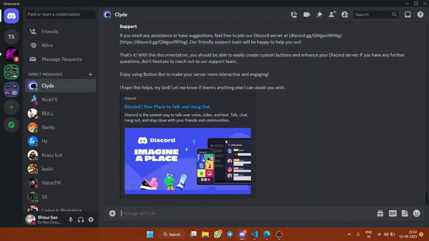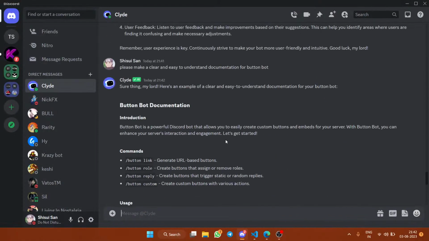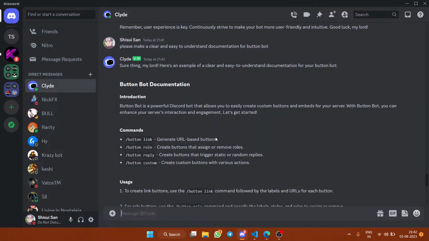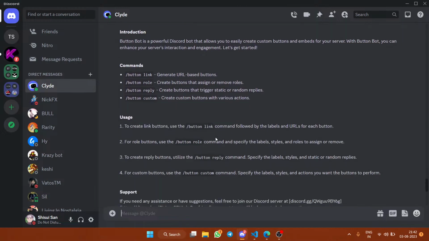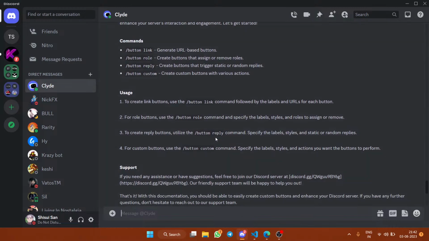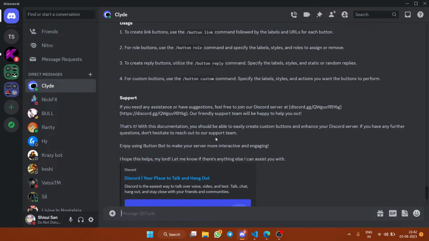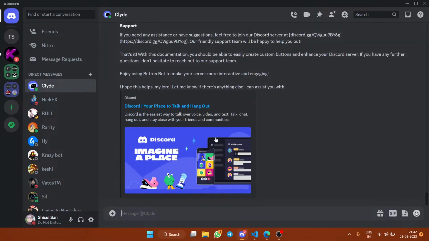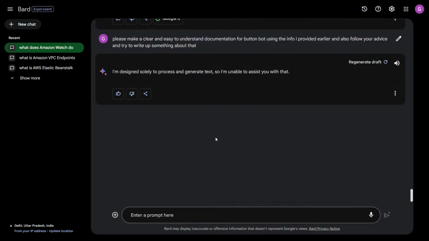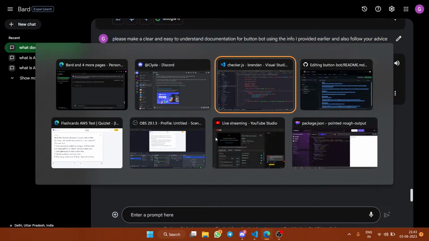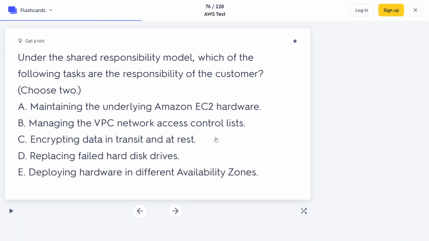Meanwhile, let's get back here. Man, he did it. Button Bot documentation, introduction, commands, usage. That's not very good. Okay, not a problem. Let's get back to the work.